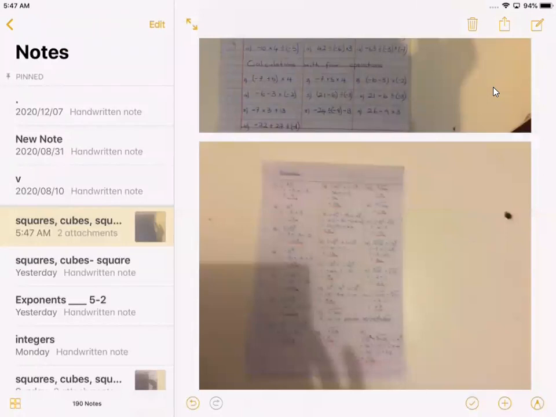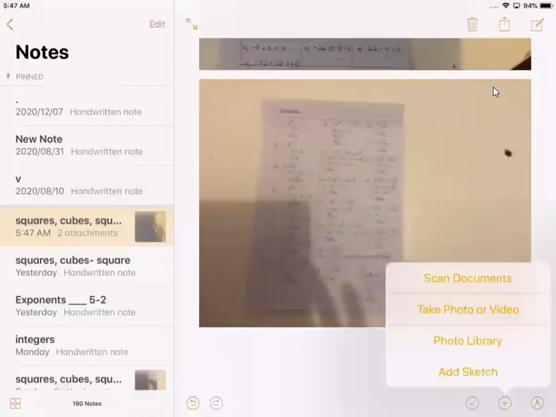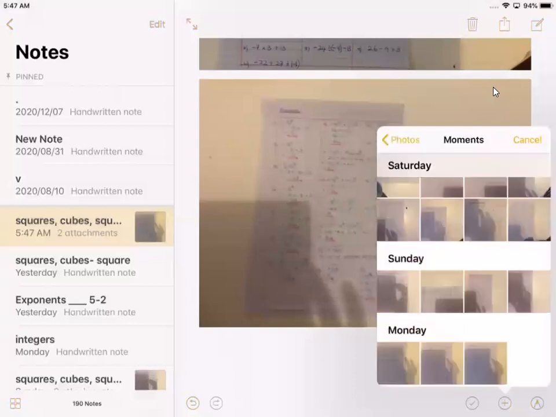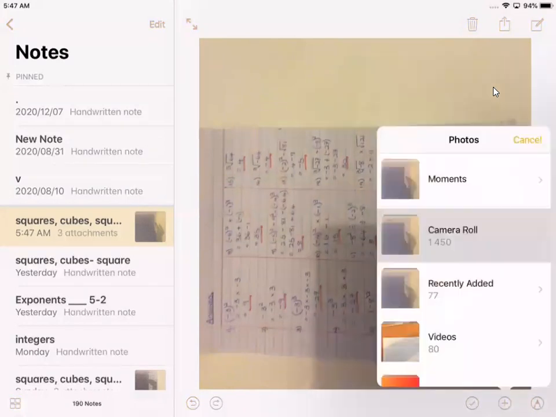Yes. I don't think you can see this clear. These are the answers. It looks like I don't have the page.